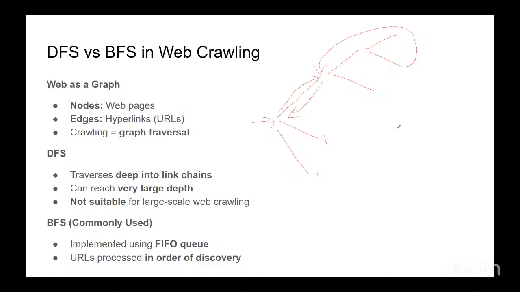So your web page hierarchy looks like a graph. When you have to crawl the web pages, whenever you are exploring graphs, you can do that with either DFS or BFS. We can do the same thing for crawling the website using either DFS or BFS.